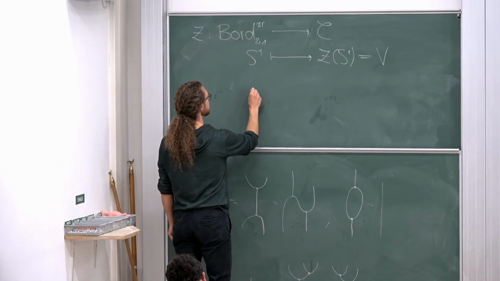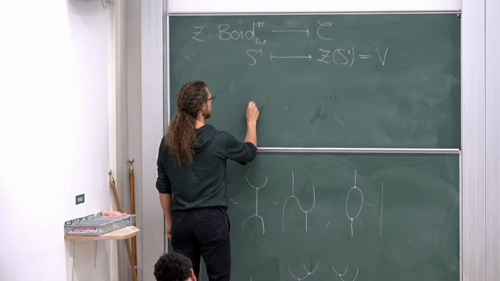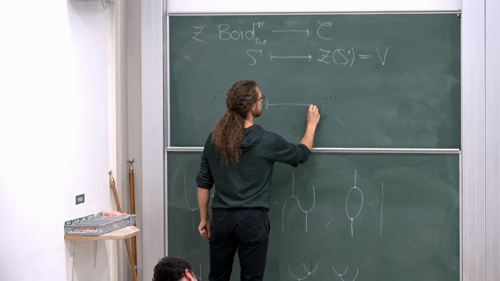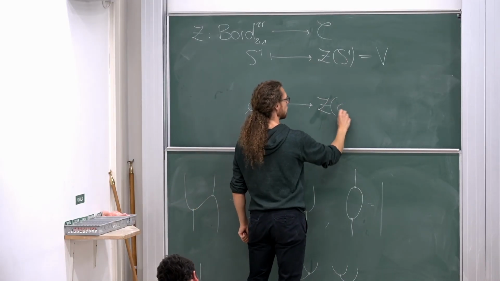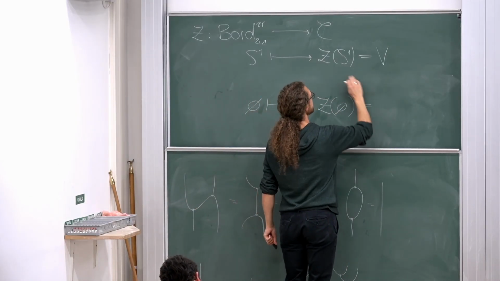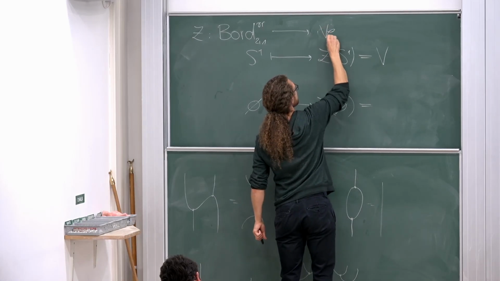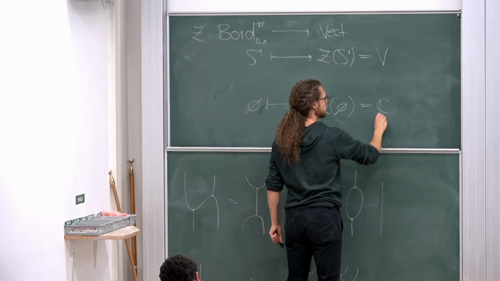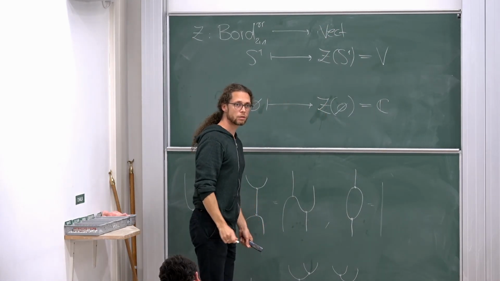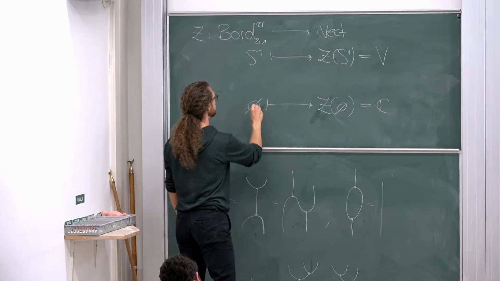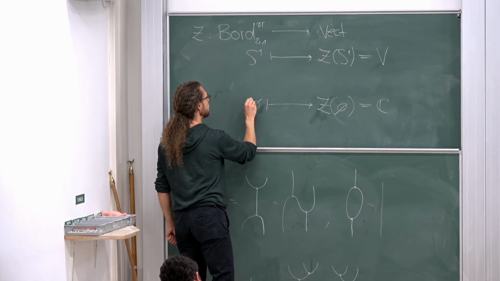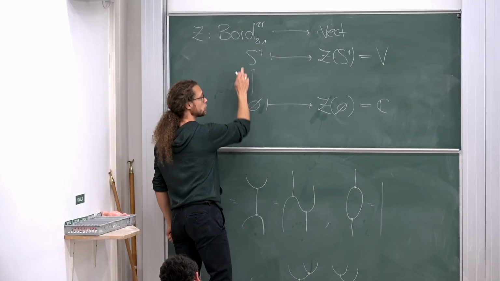So, for example, here we can have the empty set. That's sent to Z of the empty set, and now it's Vect. That's just C, right? And then we ask what kind of maps we have from here to here.